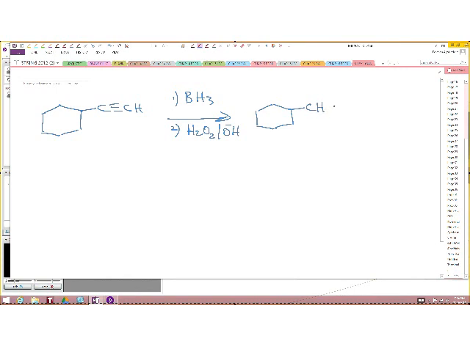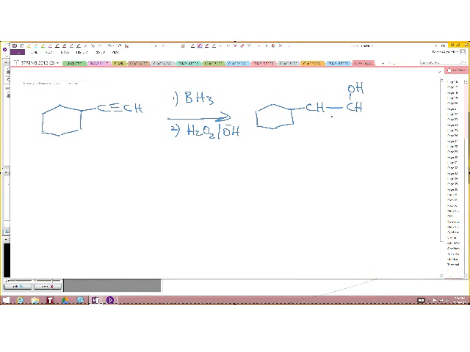So the hydrogen is attached to that carbon. So we have the hydroxy here.